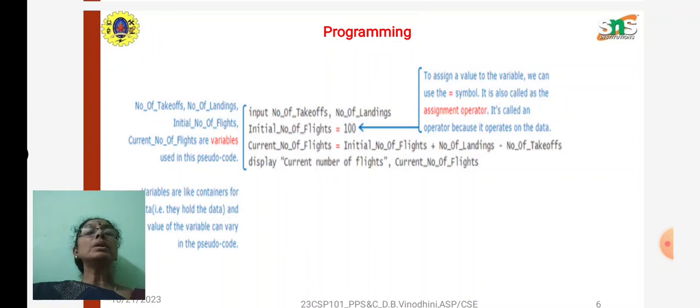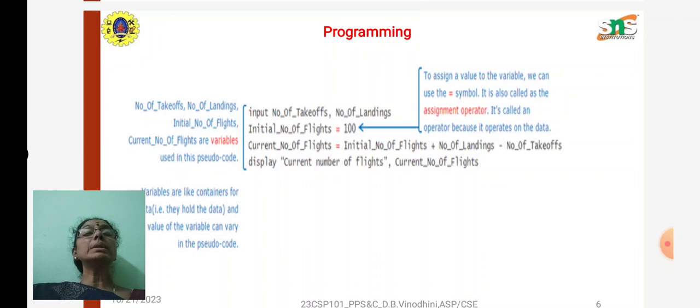So the input is the number of takeoffs and number of landings. இதில் வந்து number of takeoffs and number of landings அப்படிங்கிறது variables we are using. The initial number of flights is another variable, initialized first as 100. This is the assignment statement. The 100 is assigned to the left-hand side variable.